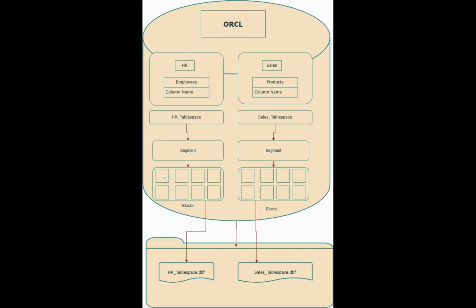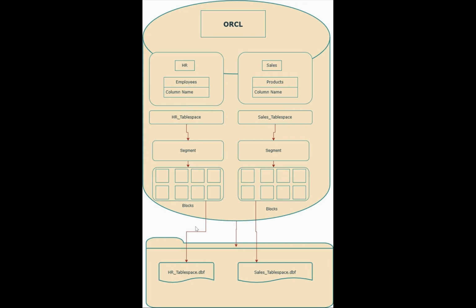And these blocks are actually sitting in the file system of your hardware. It's not just part of the database, but it is your hardware. So this is where the data gets stored, and all of this is getting stored in the file system as one database file, .dbf.